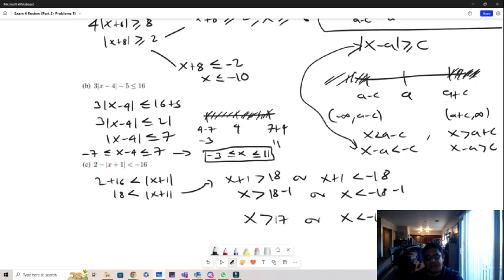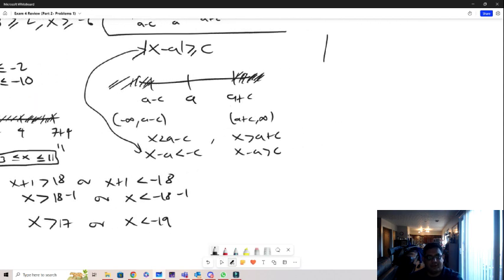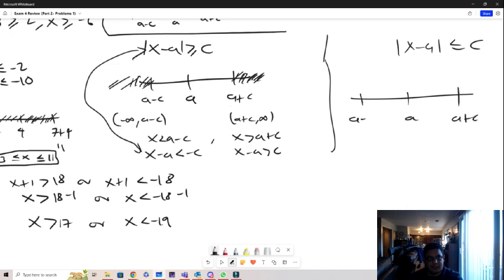Remember, all of this is tied to the concept of distance, and being bigger than is going to be completely different from being less than. Okay, so absolute value of x minus a less than c is equivalent to looking in the middle of a plus c and a minus c, and that becomes x is bigger than a minus c and x is less than a plus c, or x minus a is between minus c and c.